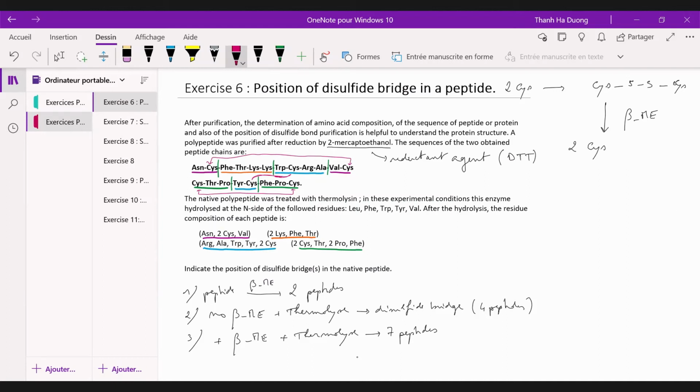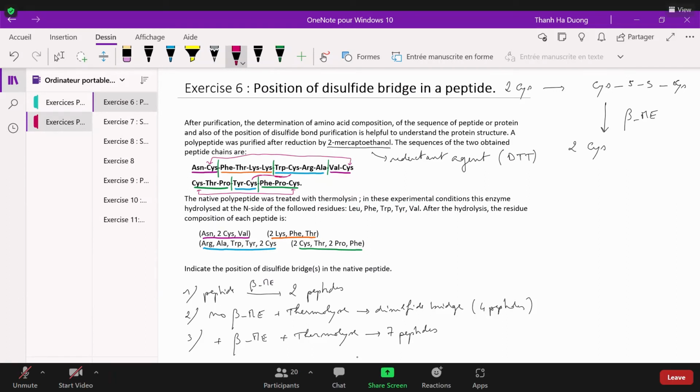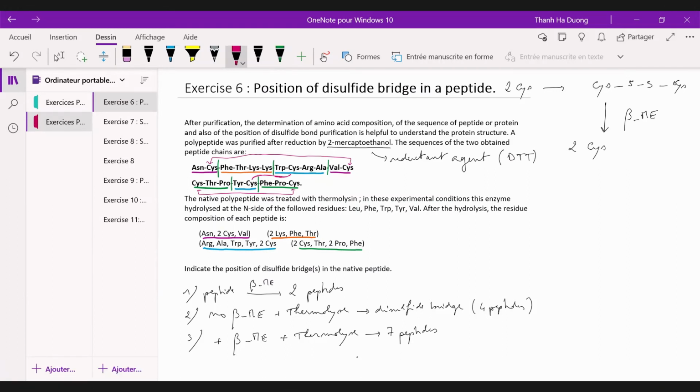So the first peptide in the second experiment is asparagine, 2 cysteine, and 1 valine. It means that the disulfide bridge of the first peptide is linked to a cysteine in the peptide containing a valine. This is the case at the end of the second peptide. Understood? And I do the same for the rest of the peptide.